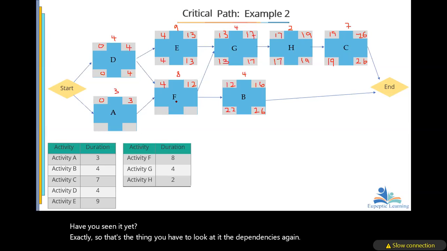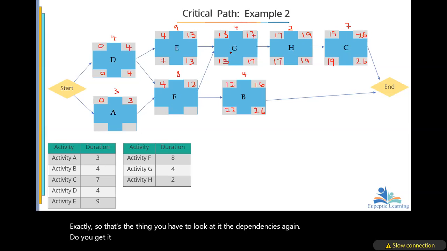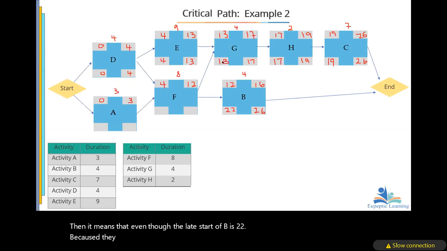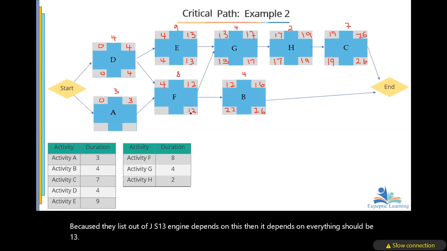Do you get it here? Yeah. F is the dependency of G and B. So for J and then B, it means that even though the late start of B is 22, the late start of J is 13 and G depends on this, then it depends on F. So this should be 13. Exactly.